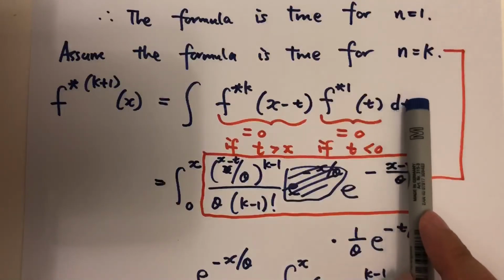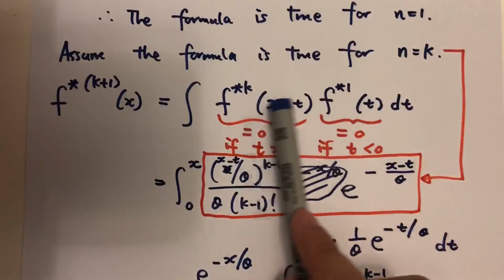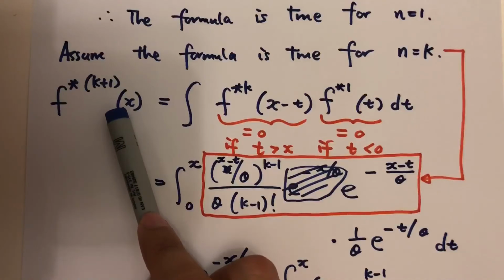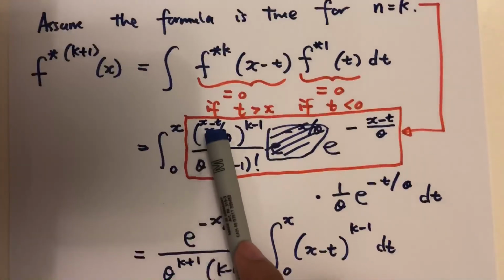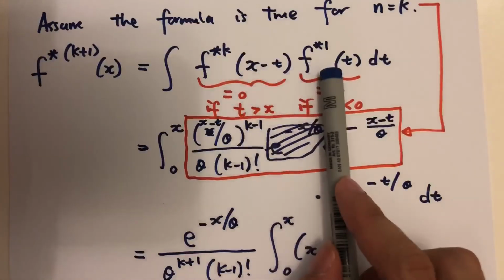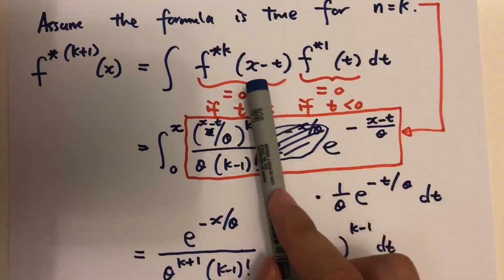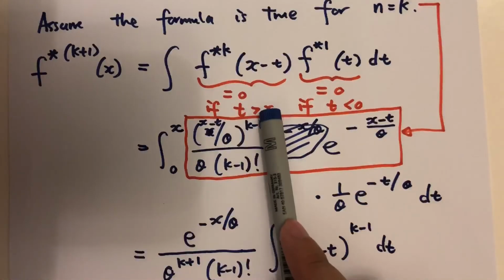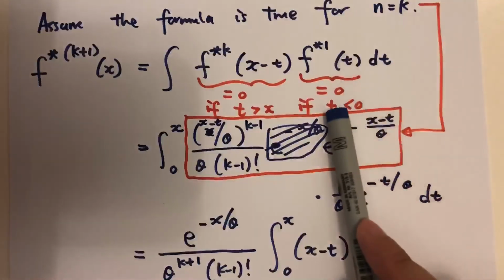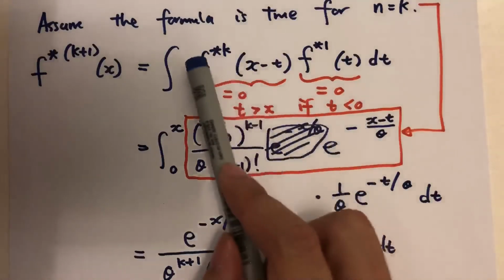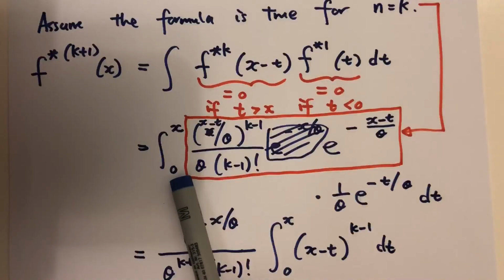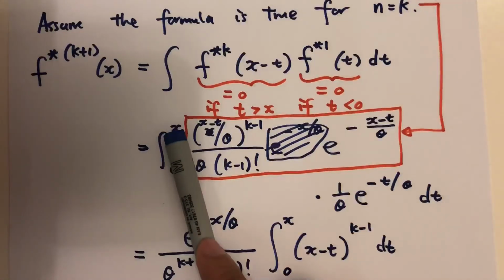Then we integrate over t, and this will give us the required probability. As before, we need to look at each factor and determine when it will be 0. The first factor will be 0 when t is greater than x. The second factor will be 0 when t is less than 0. Therefore, I can write down the lower limit as 0 and the upper limit as x.